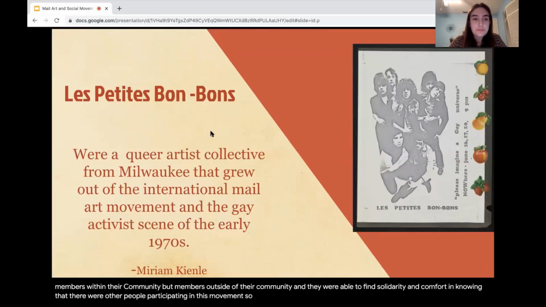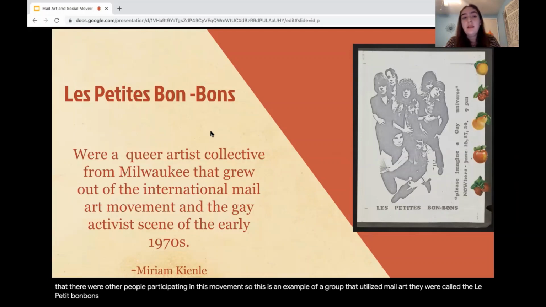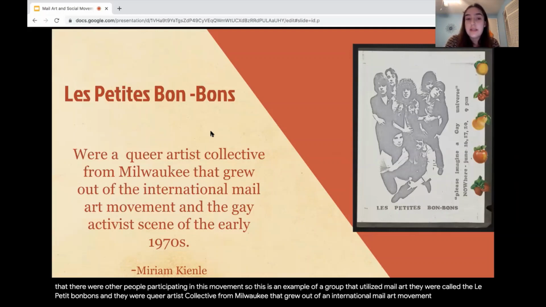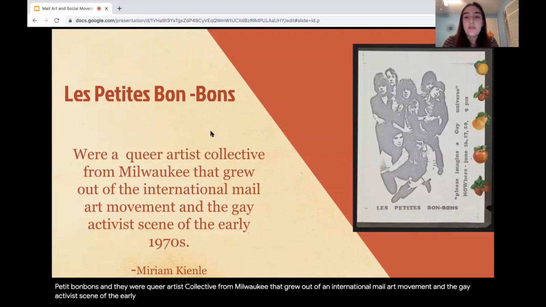So this is an example of a group that utilized mail art. They were called the Les Petites Bonbons, and they were a queer artist collective from Milwaukee that grew out of an international mail art movement and the gay activist scene of the early 1970s. And this example of mail art on the right-hand side is a picture of this art collective, and it says, "Please imagine a gay universe."